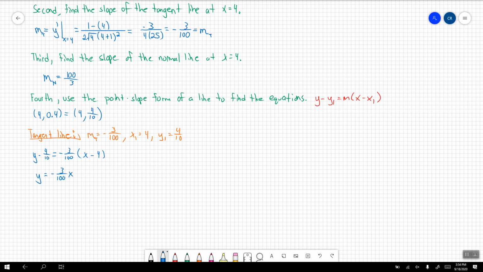Or if you want, we can simplify. So let's see. I'll simplify here. 1 over 25. There we are. And then add it over, plus 4/10. 4/10 actually simplifies to 2/5. Makes it a little bit nicer.